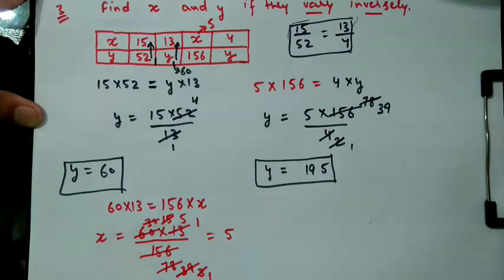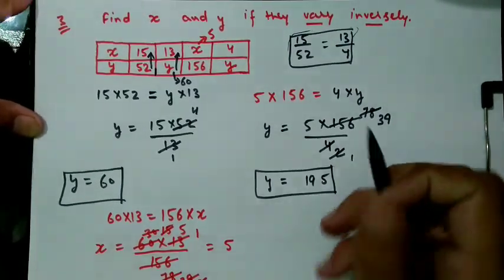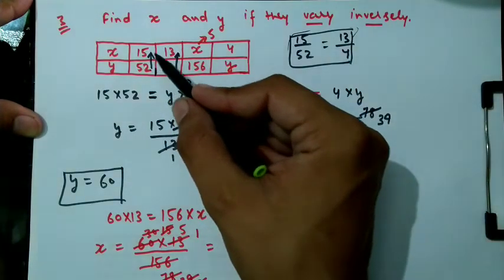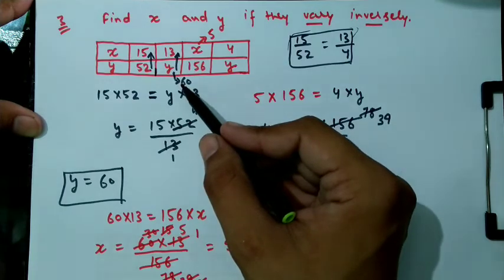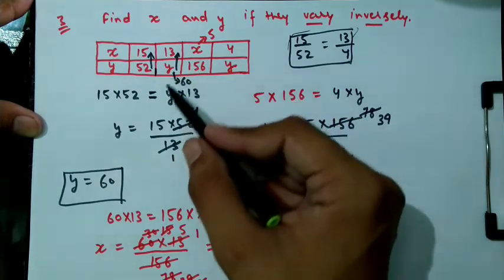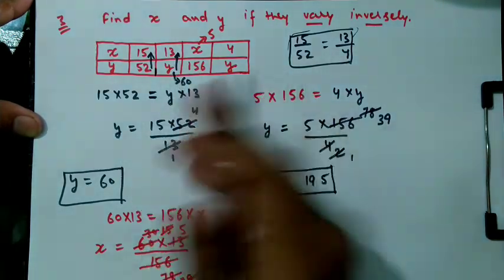Here I want to explain one more thing as per the case of direct variation. If you find the ratio 15 upon 52, 13 upon 60, you will not get the same ratio like in direct variation.